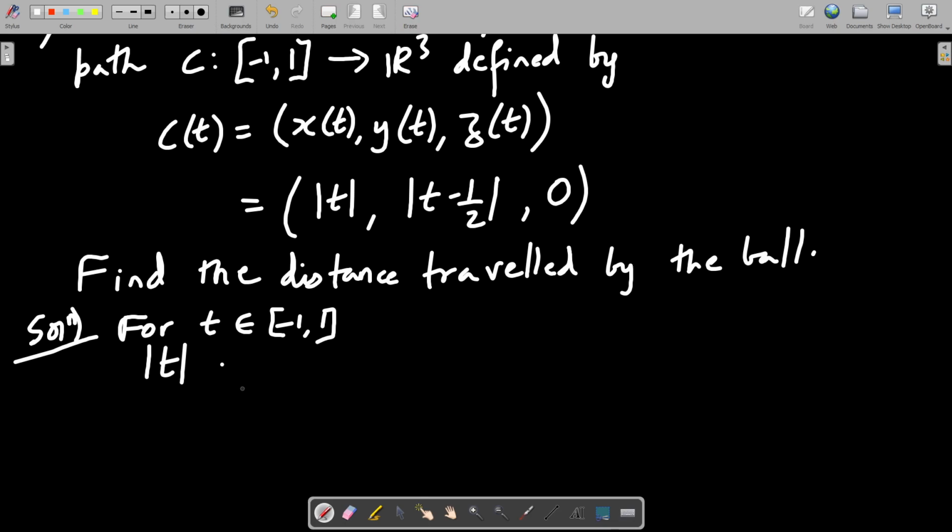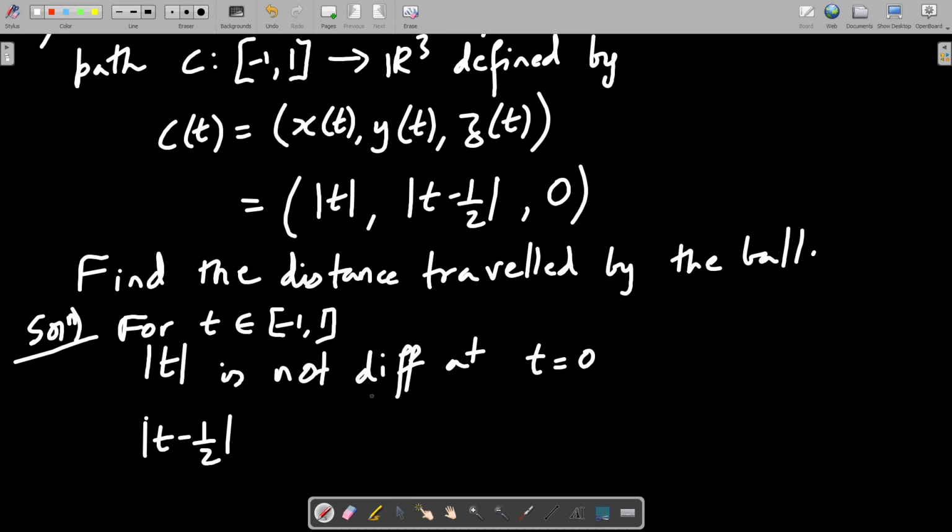It is not differentiable at t equal to 0. At other places this function is differentiable. What about the next one now? Is this function differentiable? It is not differentiable at half, right? At t equal to half, this will not be differentiable.